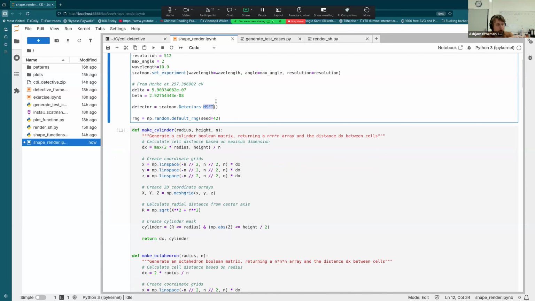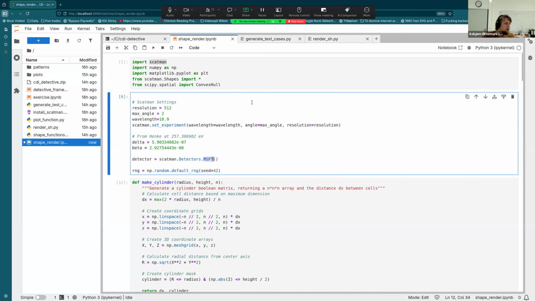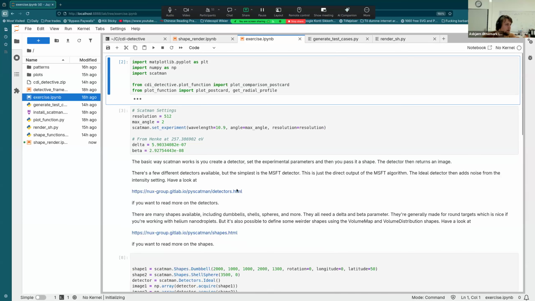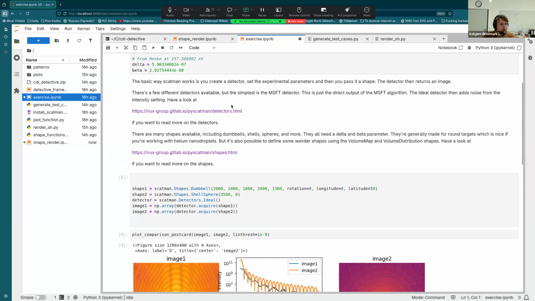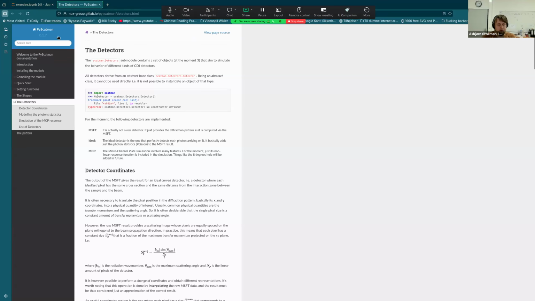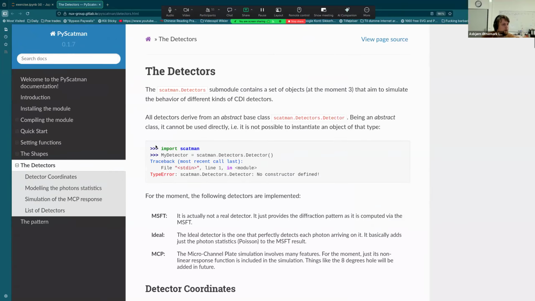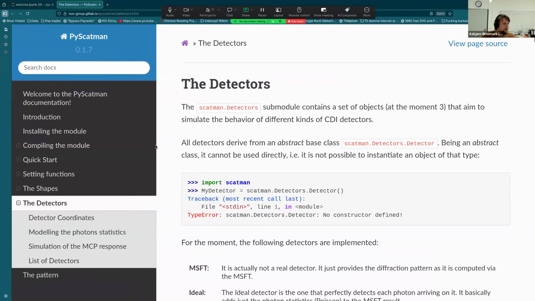This is just directly the output of the MSFT algorithm. There are some other detectors. In general, the online manual is reasonably well put together, I would say.